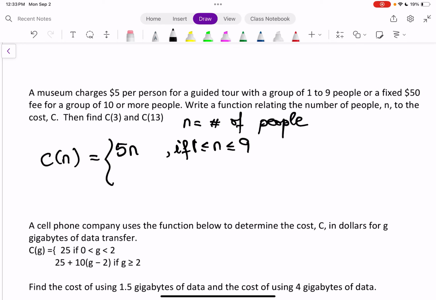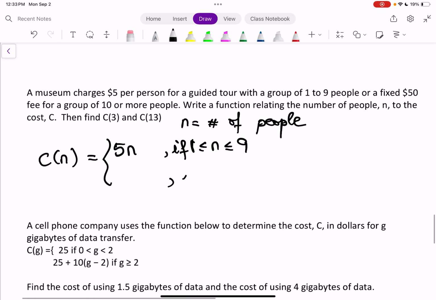So $10 for 2 people. 5 per person, so times the number of persons. However, if n is greater than or equal to 10, you bring 10 or more people, there's a flat fee of $50, right? That's a constant function. It's going to be 50, anything after that.